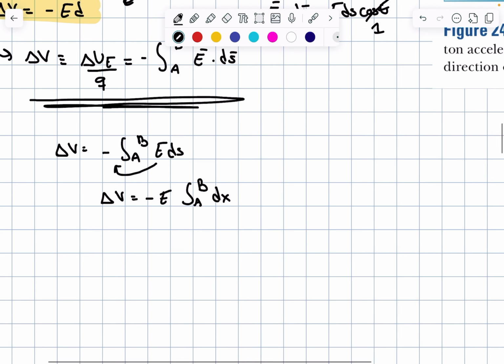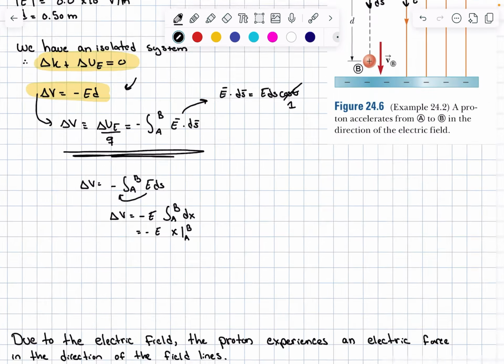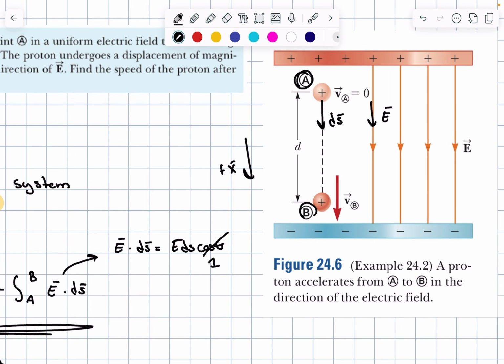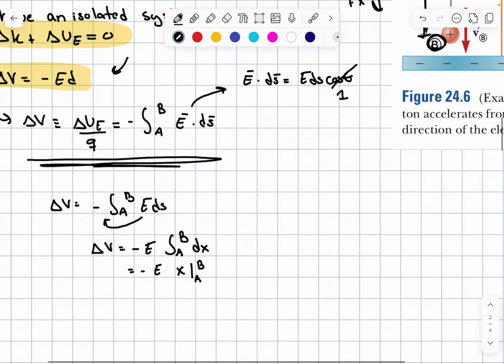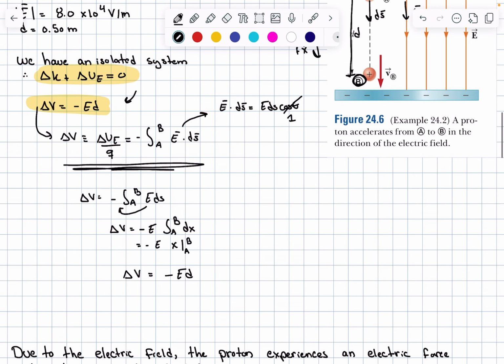And the integral of dx is going to be equal to x from A to B. Now, if I define this to be A and this to be B, going from A to B is literally just d. So delta V is equal to negative E d. And that is the equation that we have when we have a uniform electric field.